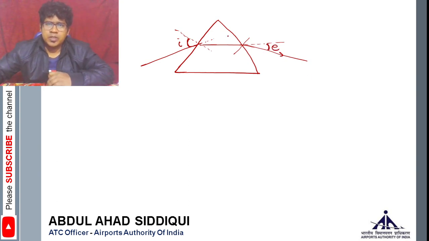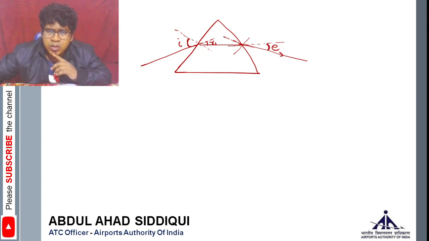This is the angle of refraction, first angle. This is R1, and this is the emergent ray. So this is actually E. This is incidence angle, this is R1 the refractive angle, and this emergent ray is the refracted angle.